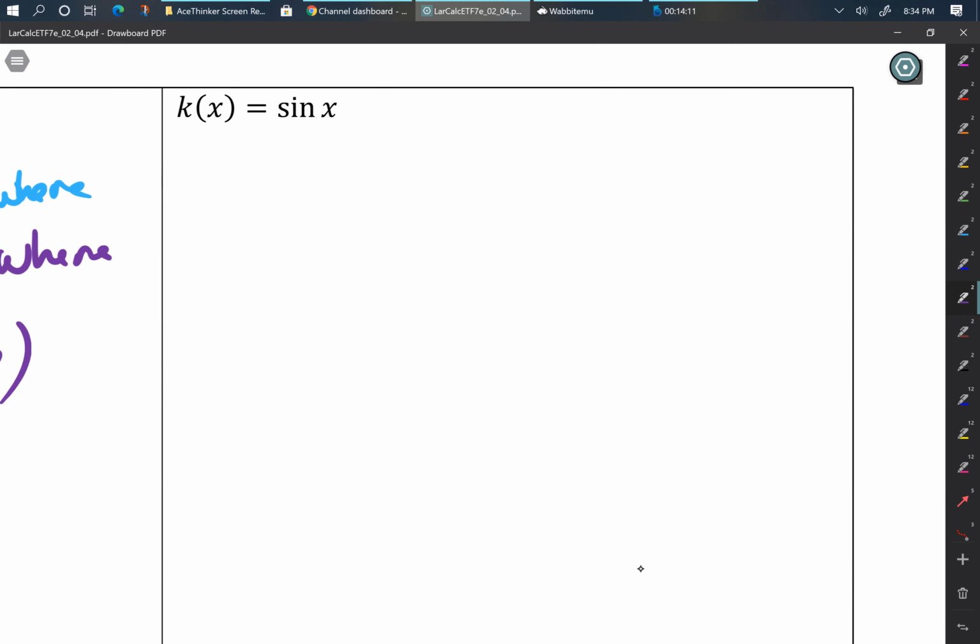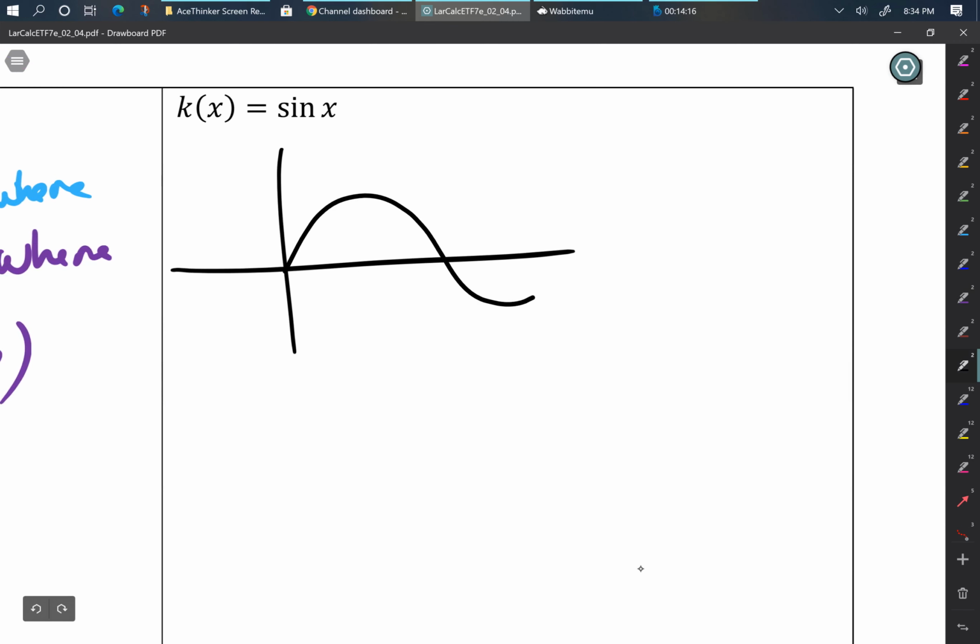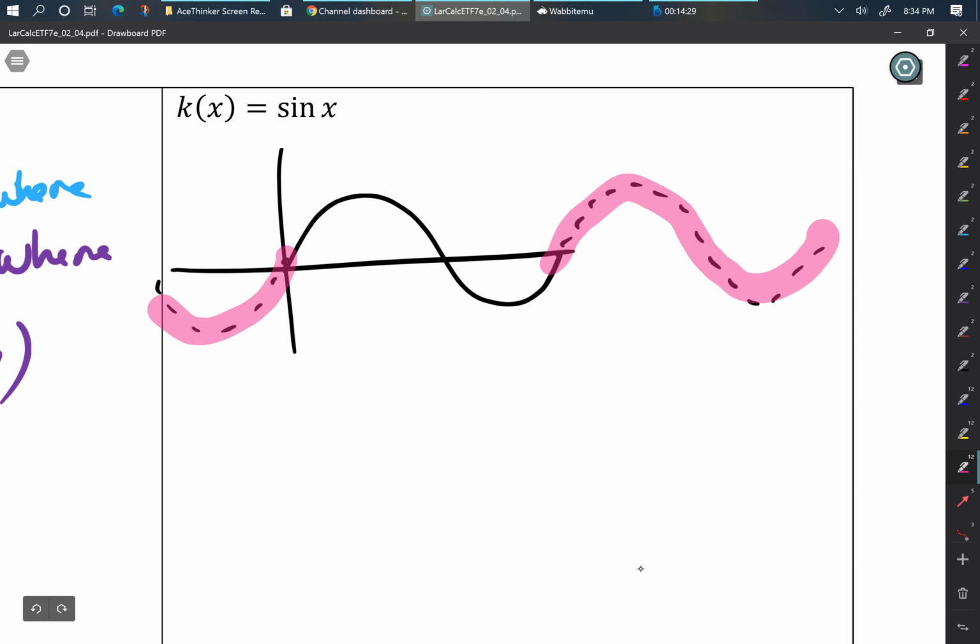How about sine x? Where is it continuous? Well, if I make a graph of sine x, there's one standard period, and then it repeats, and then it repeats. So are there any holes or breaks or jumps? Now, I did draw this dash, but you know that this is continuous, right? I just drew a dash because we normally just talk about one period.